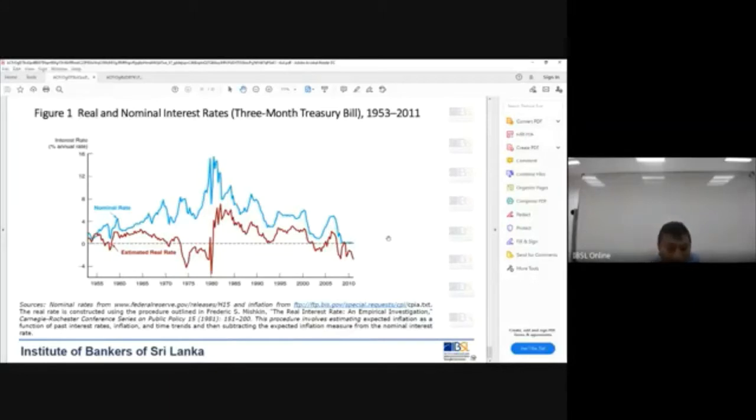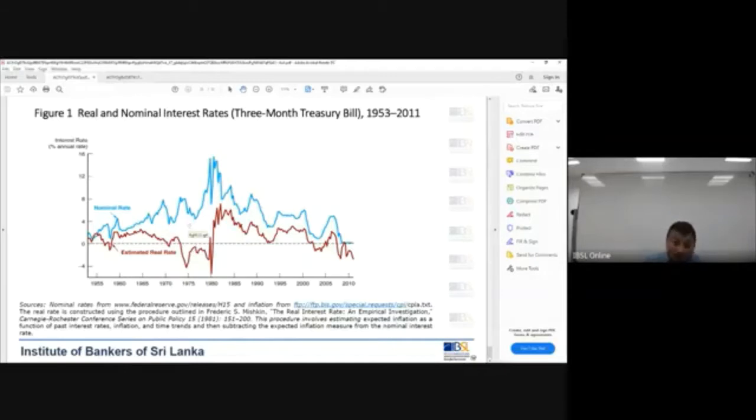And even here, you can see between the 75 and 80 period, yes, the real interest rates were negative, but nominal interest rates were very high. So during this period, inflation would have been more than the nominal interest rates, right? So the inflation would have been higher than the nominal interest rates in US. Yes, this is the period where US had the oil price shock.